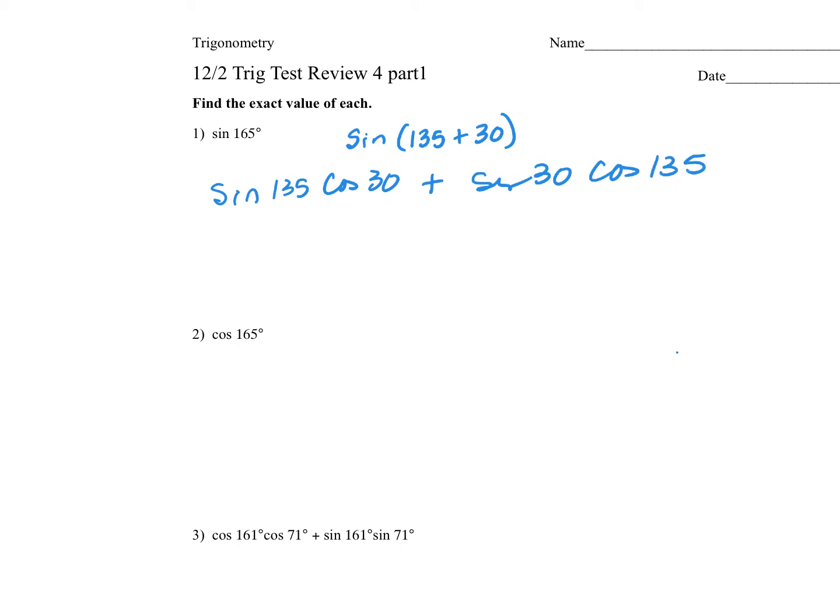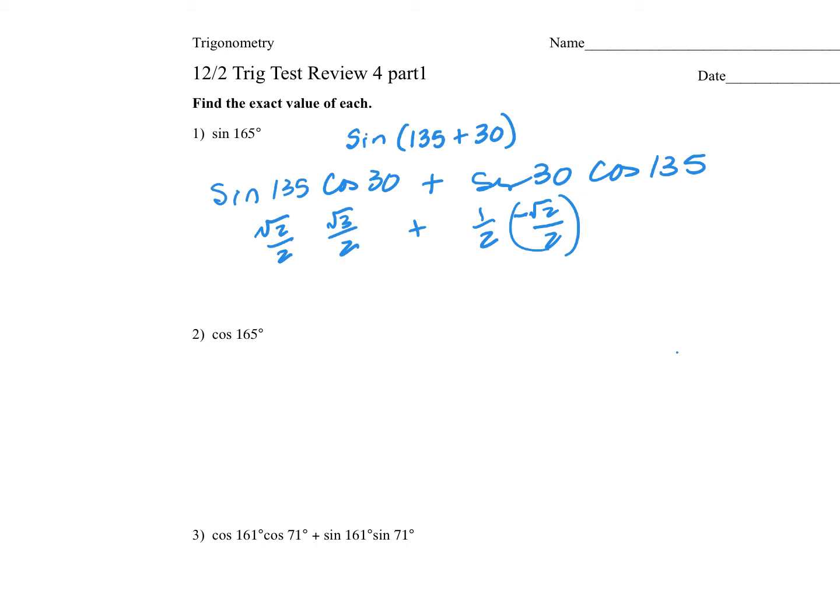And then you're going to go on your unit circle and you're going to find the sine of 135, which is root 2 over 2. And the cosine of 30, which is root 3 over 2. Plus the sine of 30, which is 1/2, and the cosine of 135, which is negative root 2 over 2, and those get multiplied.